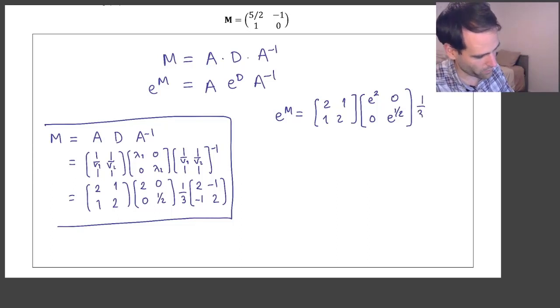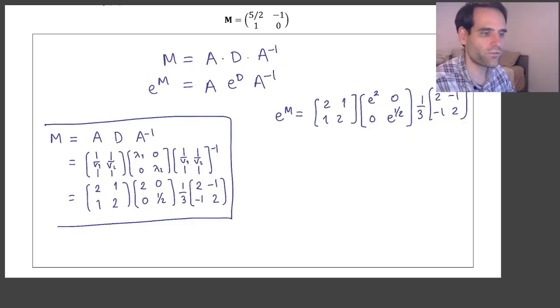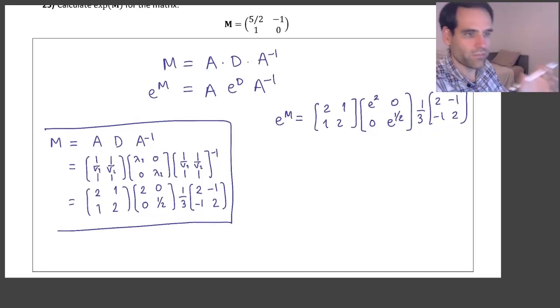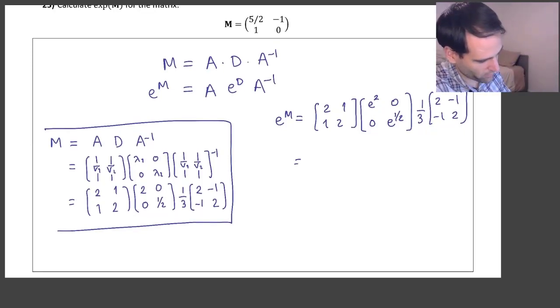And then times 1/3, 2 minus 1 minus 1, 2. And this matrix multiplication is very easy for you to do. So I'm not going to do the 3 multiplications because that would use up a lot of time, but you arrive at the following.